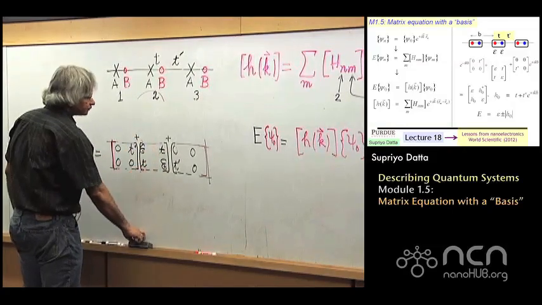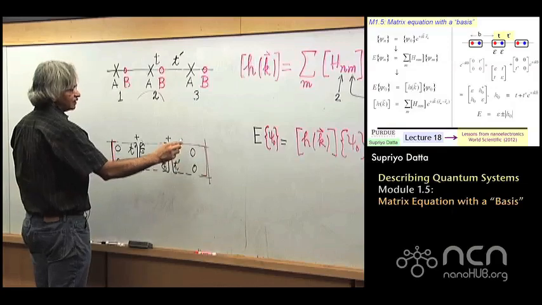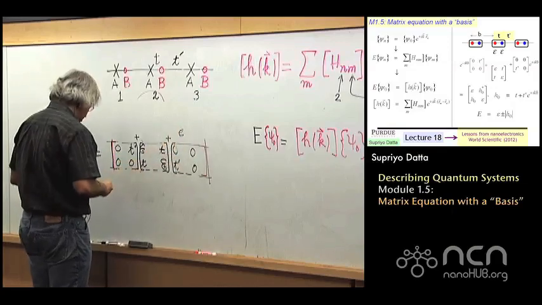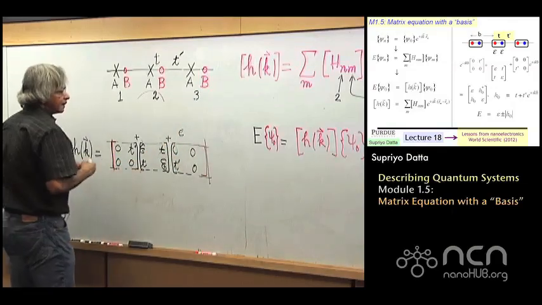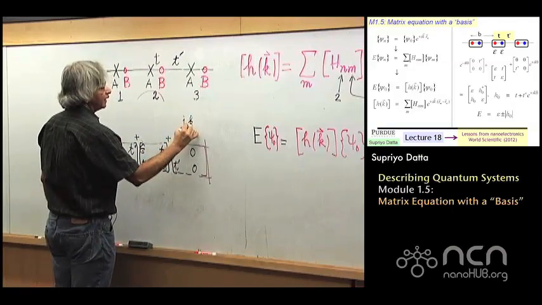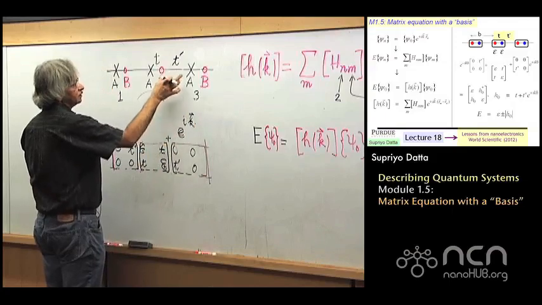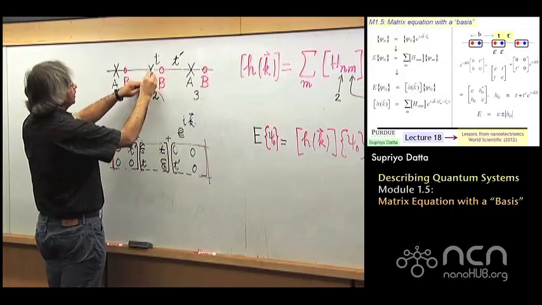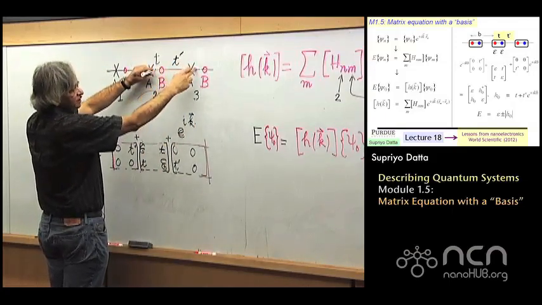This one will have a phase factor, and that will be e to the power i k dot that vector. It's a vector running from this unit cell to that unit cell.